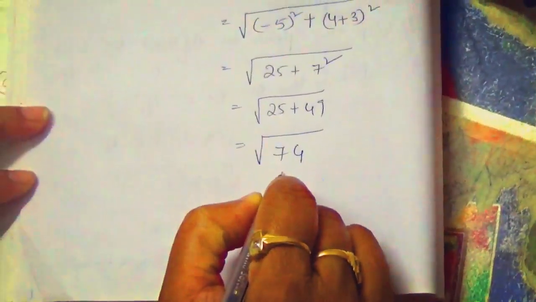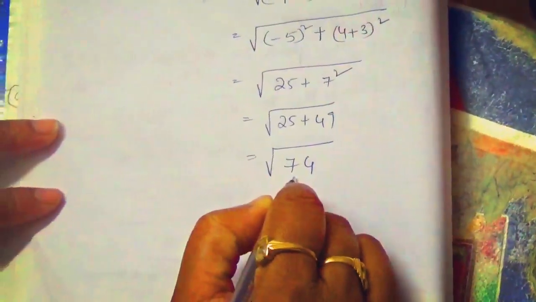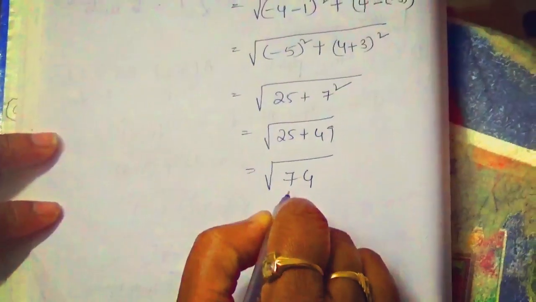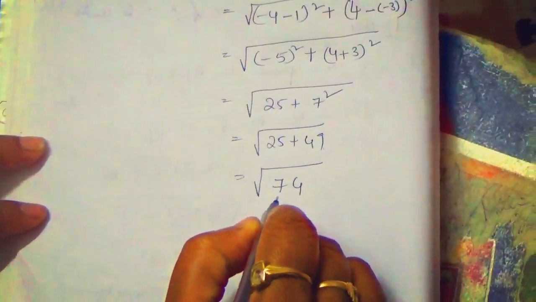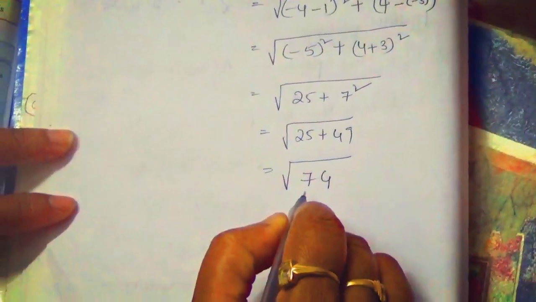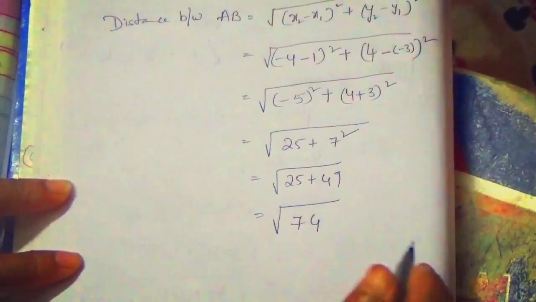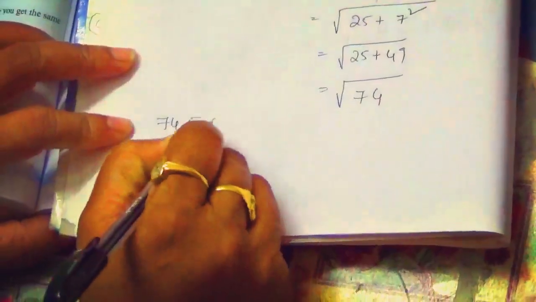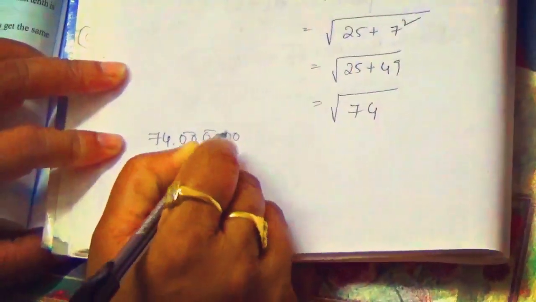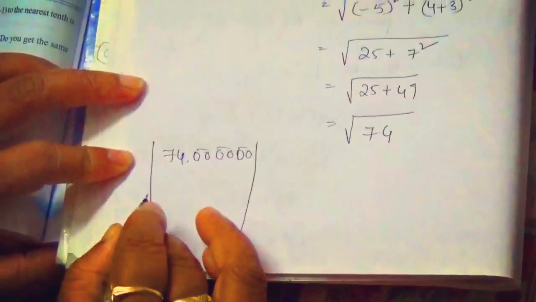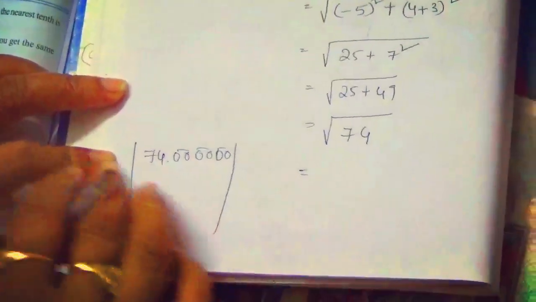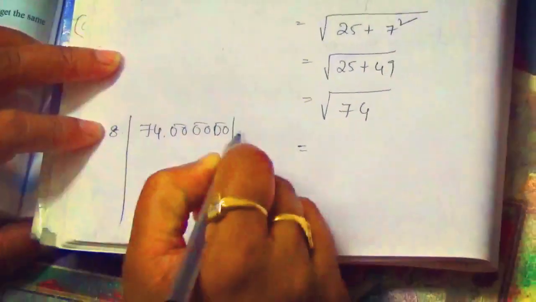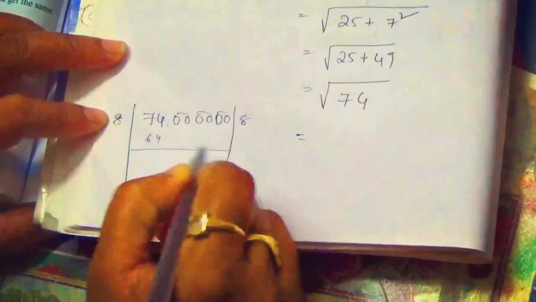By finding the square root of 74 using the bar method, which you have in your 9th standard first chapter, you just take 3 decimals like this. Do this bar method and you will get the final answer.